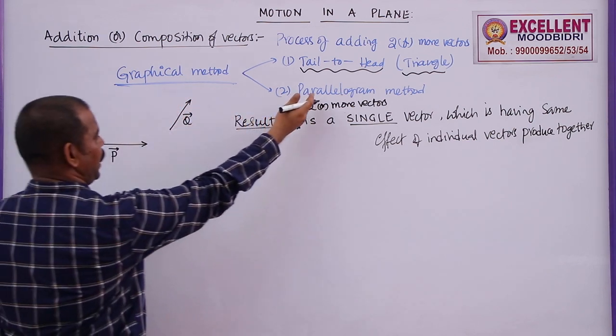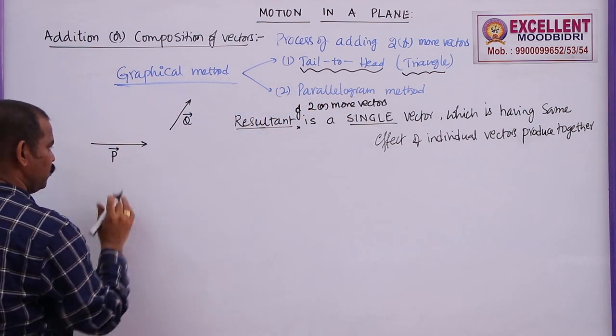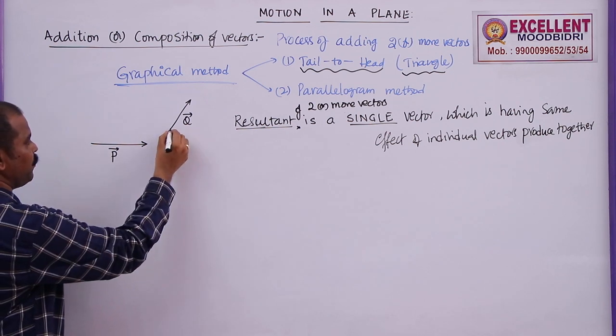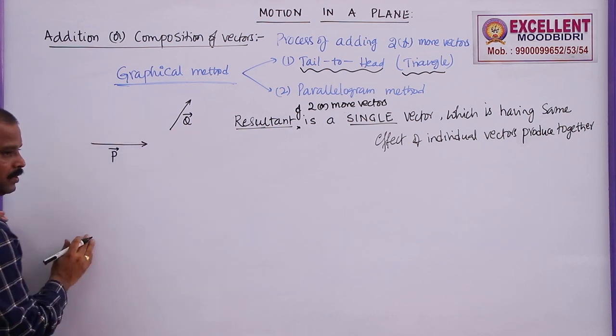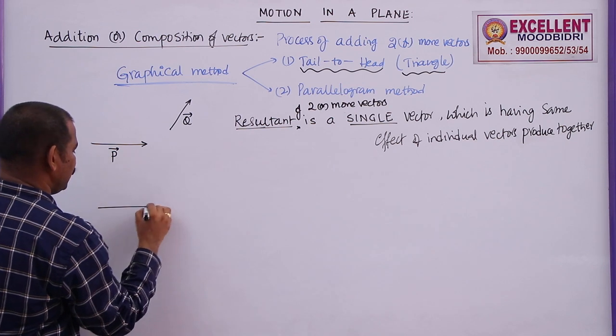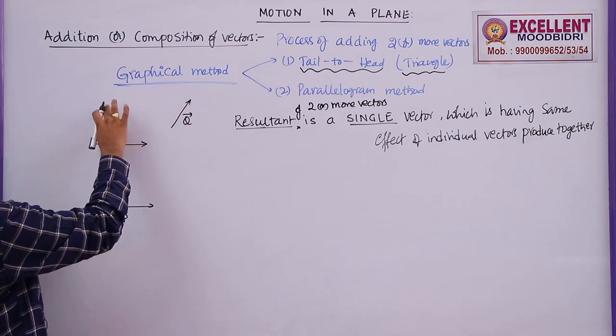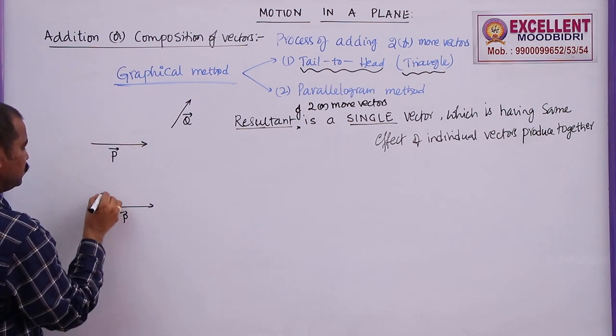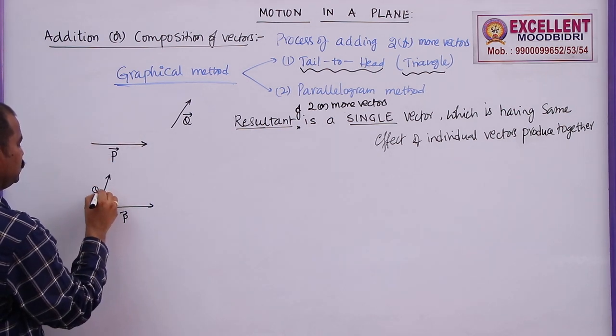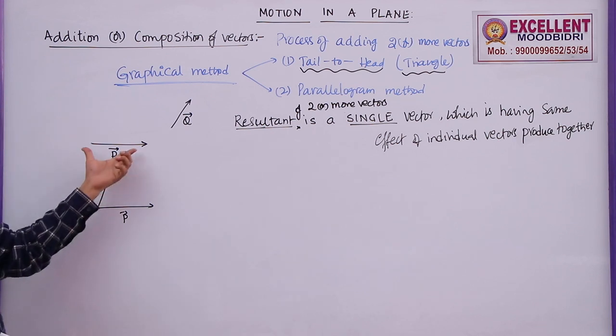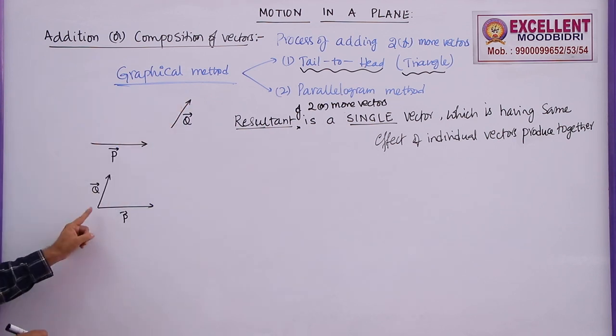But in the parallelogram method, what I am going to do is combine both the tails. That means P bar will be like this only, and Q bar is moved here and joined here. So this is Q bar, the second vector. So this is P bar and Q bar. Now both tails are connected or joined together.